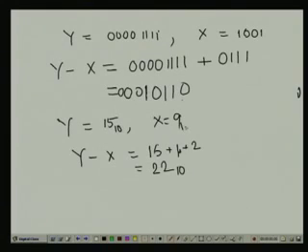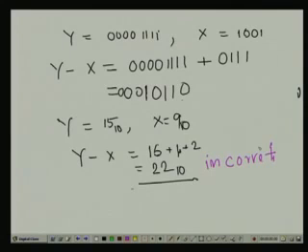See, I have two numbers, y equal to 15 and x equal to 9, and when I have taken the difference, I got 22. 15 minus 9 is 22. So, this is an incorrect result. Why? What mistake have I done?